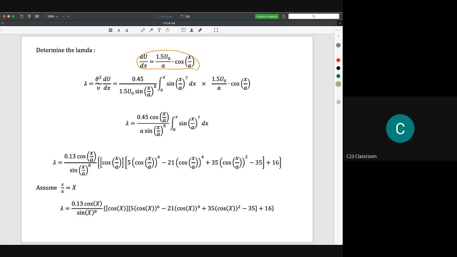So we have lambda d theta over nu, theta square over nu. So we have all these terms. And then we multiply with du d theta. So this is the du d theta that we calculated previously, and then the lambda will become like this one. And then we do the integral of sine x over a to the power of 7. So we will have all these terms.